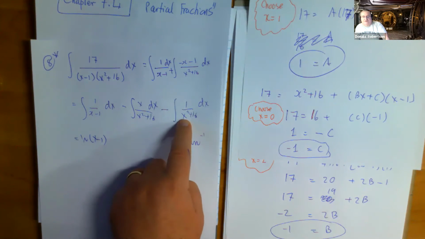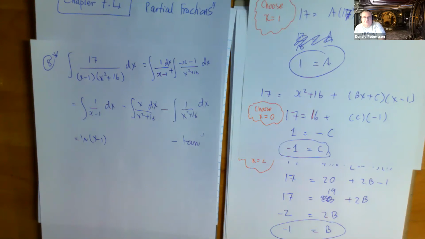What is the integral of 1 over x squared plus 16? What kind of inverse tan is that? We did that yesterday. What kind of inverse tan is 1 over x squared plus 16?